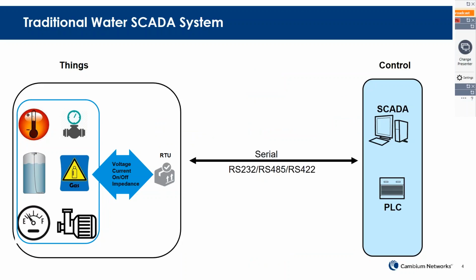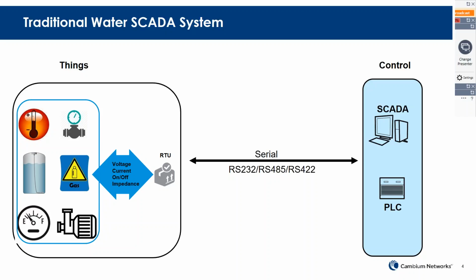You still have the things, but typically these things will be connected to an RTU, and to connect to the SCADA controller or PLC, you use serial line such as RS-232, RS-485, and RS-422. So there's a limitation to this serial protocol, of course.